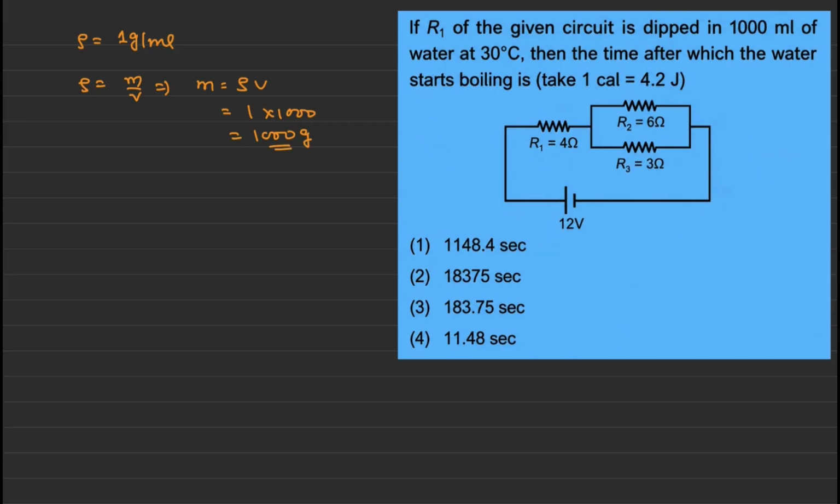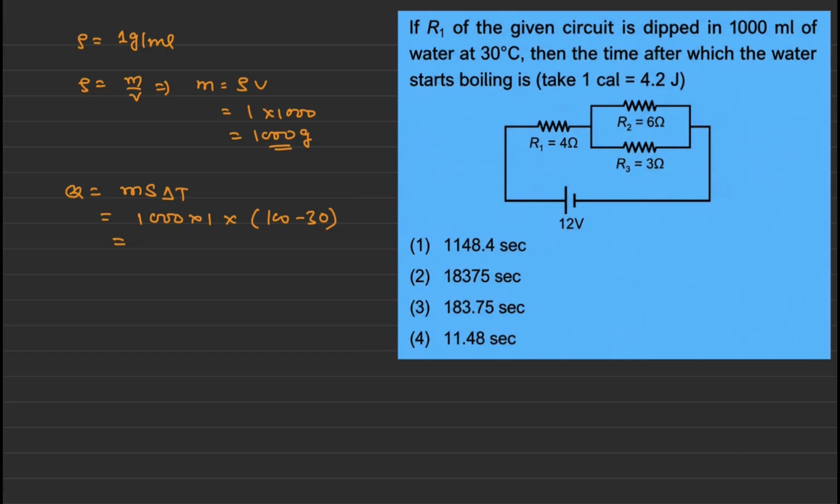So you got the mass. If you want it to start boiling, the temperature must reach 100 degrees Celsius. So the amount of heat required will be m s delta T. m value is 1000, s value will be 1. Delta T, we want to go up to 100, so 100 minus 30 will become 70.